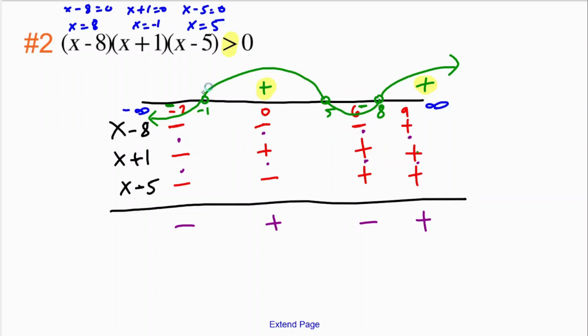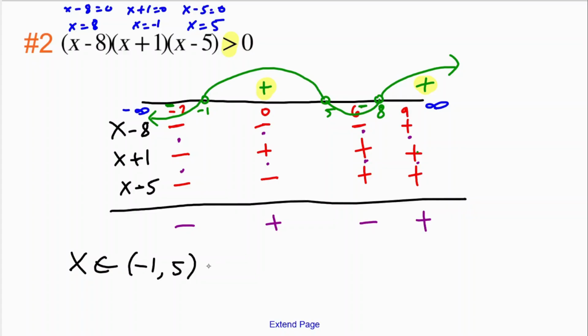So again, also paying attention to the fact that this is not greater than or equal to. It's greater than, and that we have open circles. So we're going to use parentheses instead of brackets this time. So in interval notation, it'll be x is an element of or belongs to negative 1 to 5.